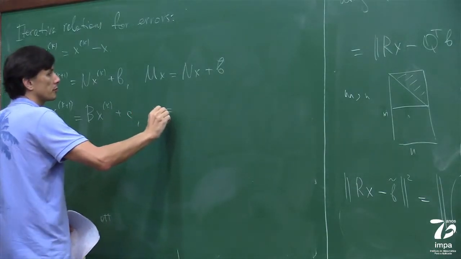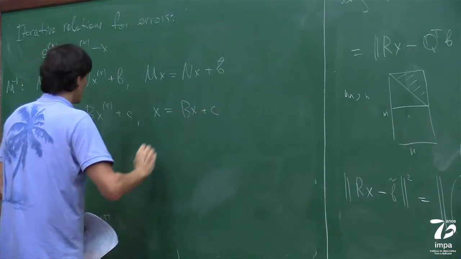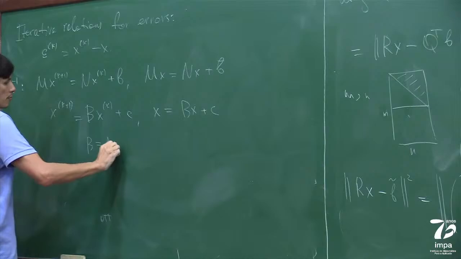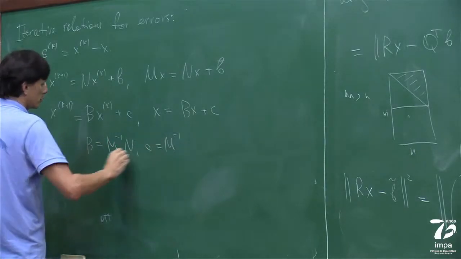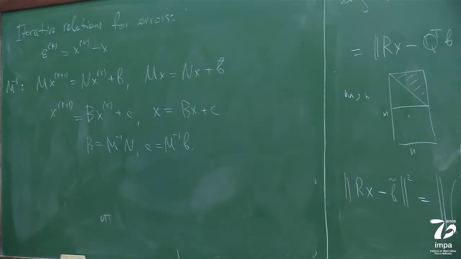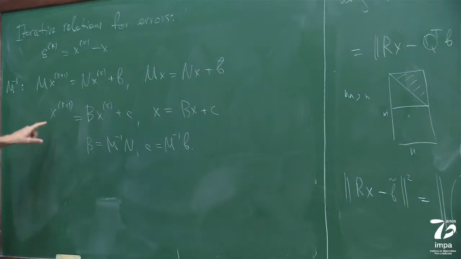Let's see what it will be. Here B is M minus 1 N, and c is M minus 1 b. Then we subtract one equation from another. c will cancel, and the difference between the x's gives epsilon.